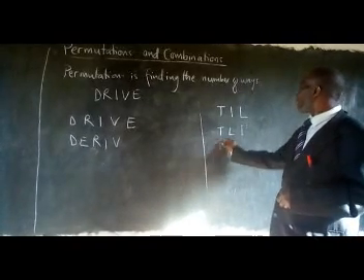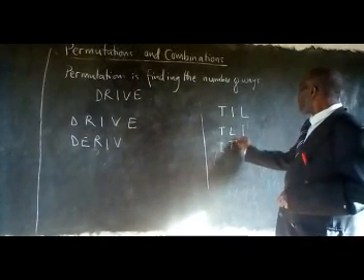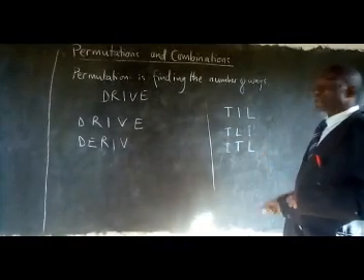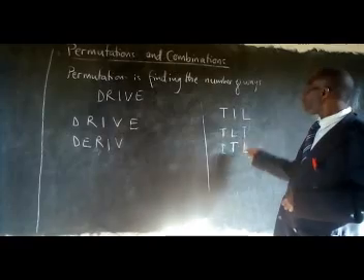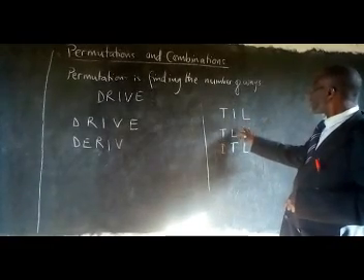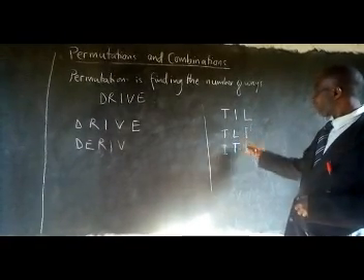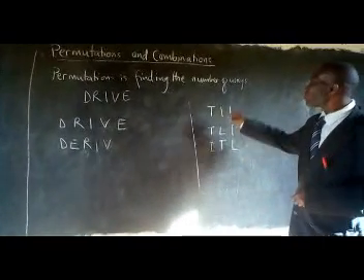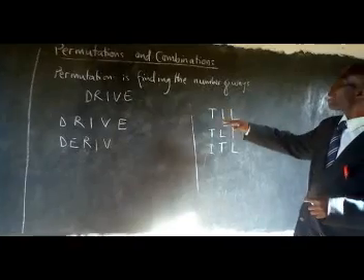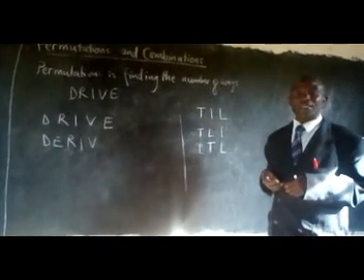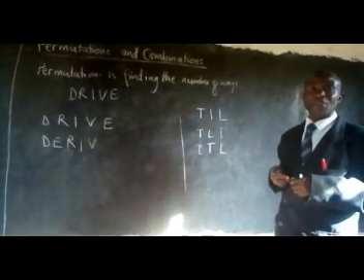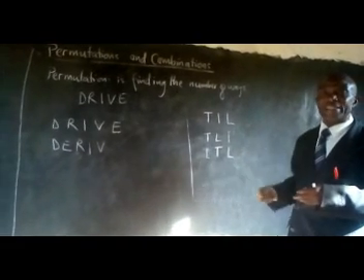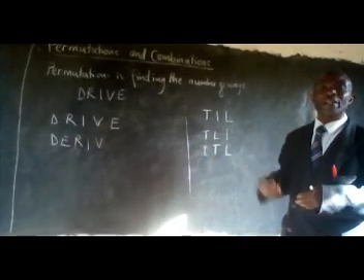You can start with the I, T, and L. Another one. And so on and so forth. You are going to discover that there are maybe 5 or 6, I don't know, but we shall discover that. But that's the background about this topic: to understand the meaning of arrangement. So permutation, how do you arrange, and in how many ways can you arrange that one?